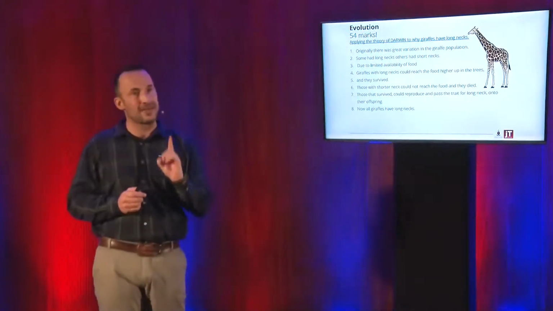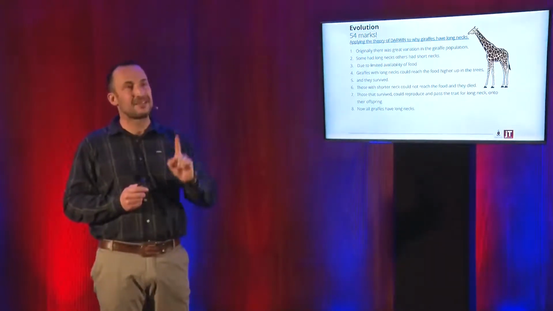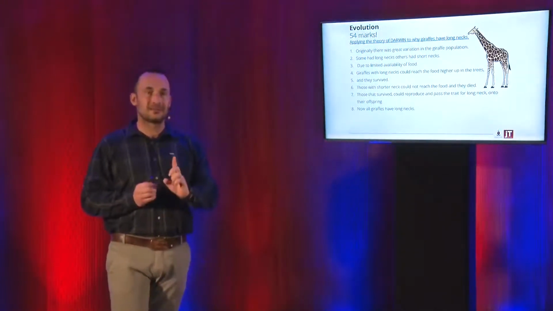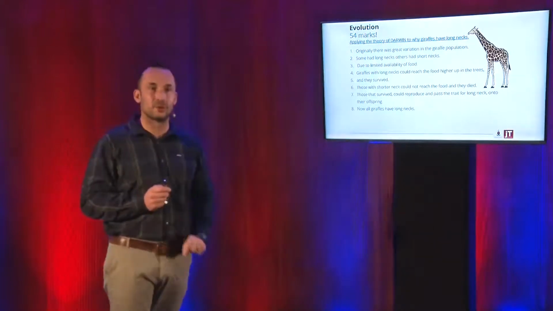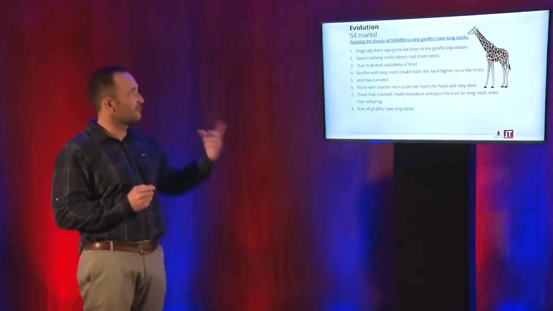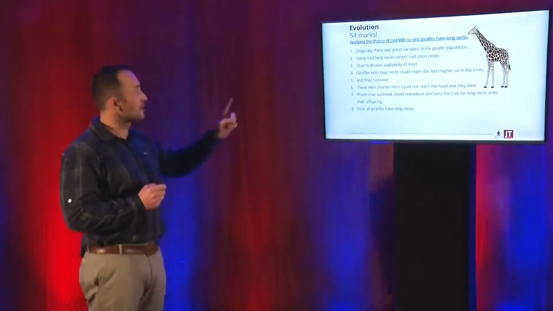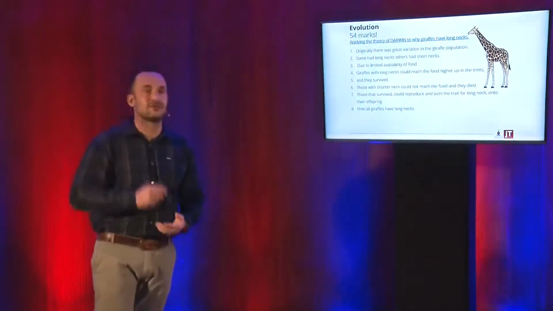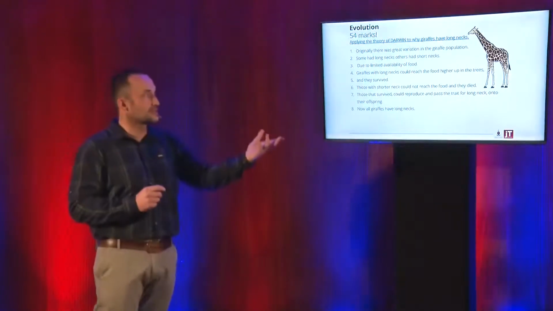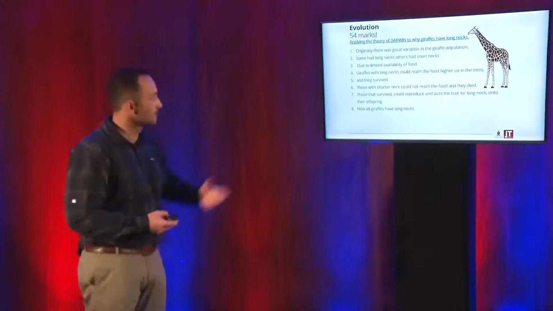So here we have the selective force, which is going to determine the characteristic that is favorable. And in this case, because the availability of food was scarce, it was only the giraffes with the long necks that could actually reach the food. This became the favorable characteristic. Those with short necks couldn't reach the food and they died.